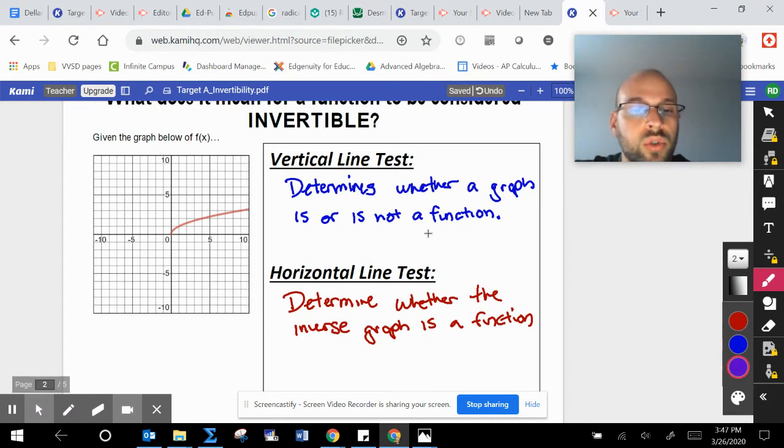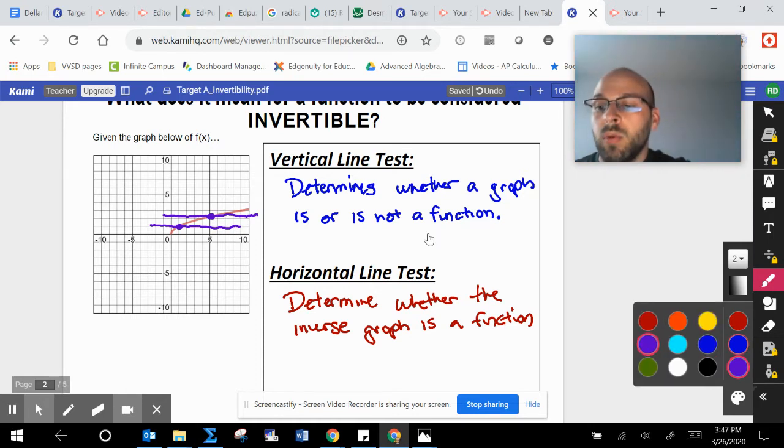So if I were to draw horizontal lines anywhere on my graph, each should intersect my curve in only one location. And in this graph, it does, right? I have this little curve over here on the left, and no matter where I draw a horizontal line, it will have only one point of intersection. So it passes the horizontal line test as well.